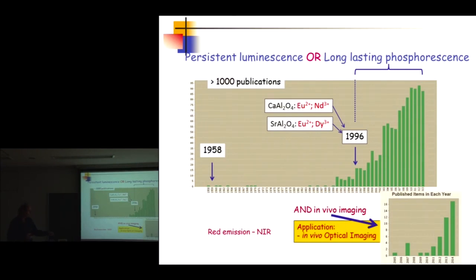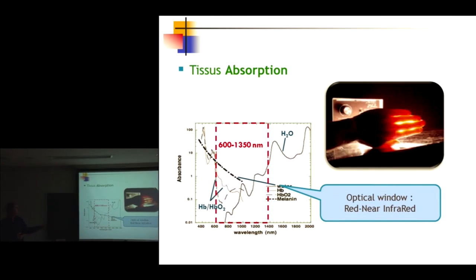And in in vivo imaging, you see that 2014 already has more publications than last year, which means that at the end of the year we will have maybe 2 times more publications than in 2013. So the field is really increasing very quickly, and I am pleased to see that several other labs are looking at this for application.